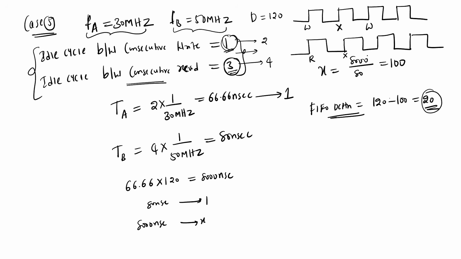It will be idle for how many cycles? 3 cycles, and on the fourth cycle one more read operation is happening. So compared to writing, the reading delay is more, no? Here only one idle cycle, but for reading, how many cycles of delay? 3 cycles.